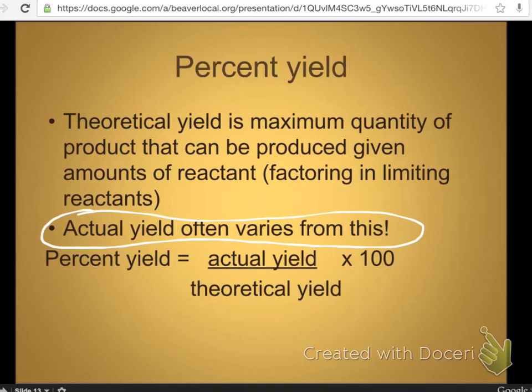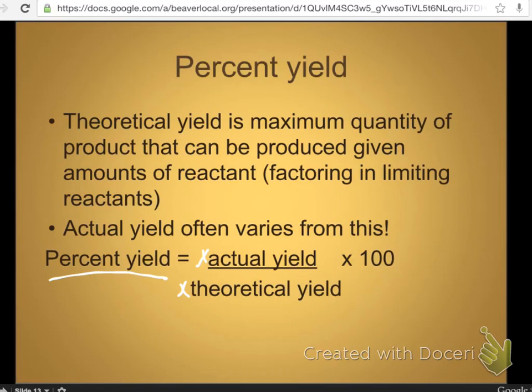You've seen reactions where you left a lot of stuff in a flask. And so actual yield is very often not the same as your theoretical. Using these two pieces of information, actual yield and theoretical yield, you find percent yield. It's the percentage that you got compared to what you should have.